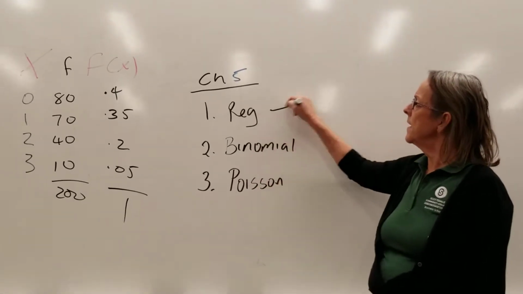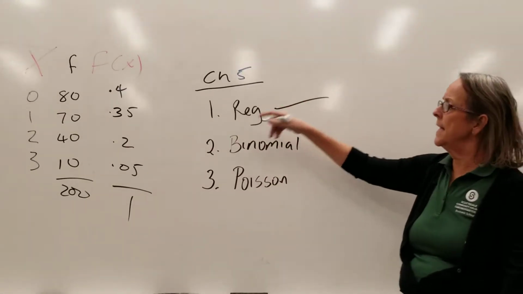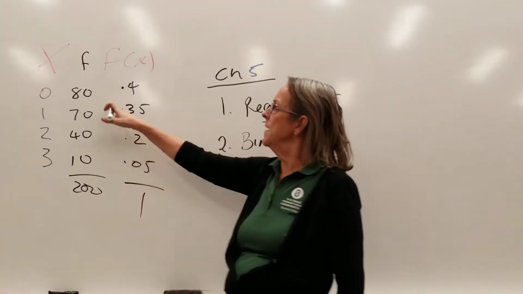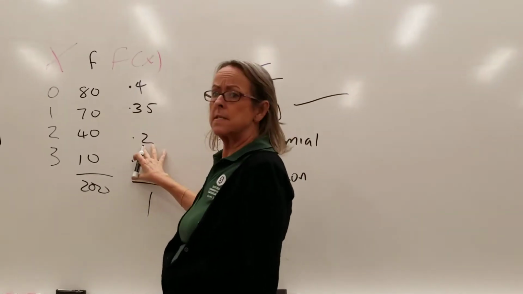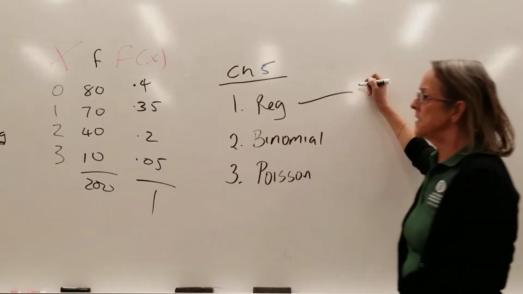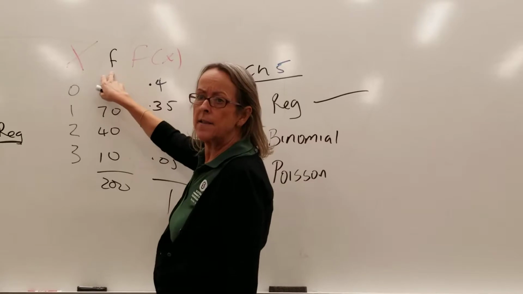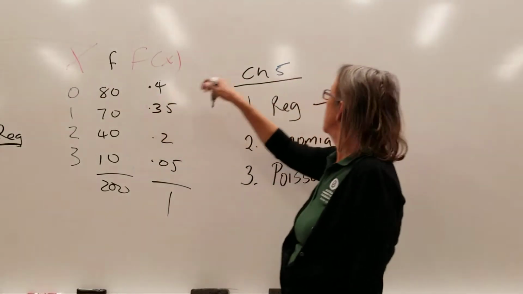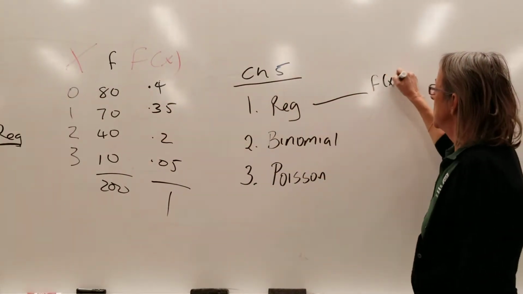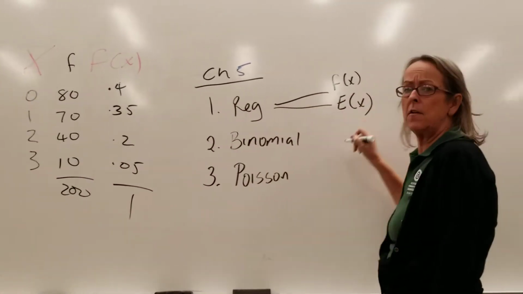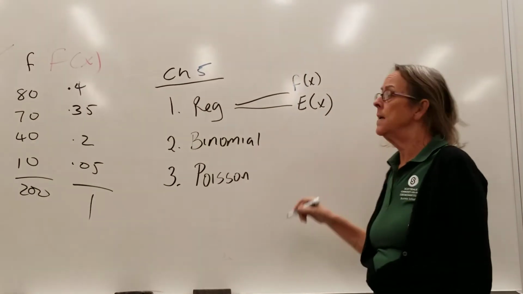So with regular, you could have been asked to find this, but it's very easy to do, right? Some questions they even give us this. So you could be asked to come up with the probability distribution if you were given x and the frequency count. You could then be asked to come up with the expected value, which is also the mean, okay?